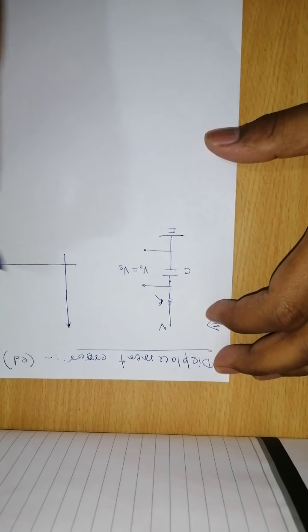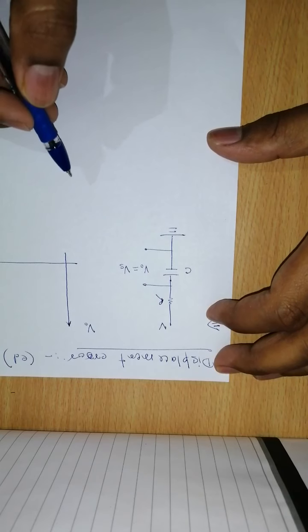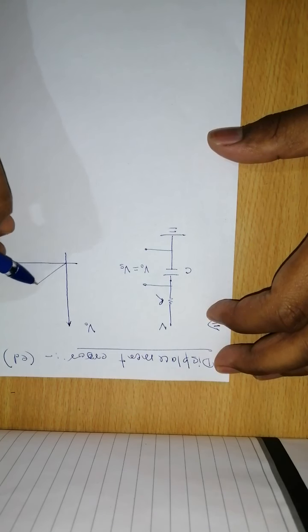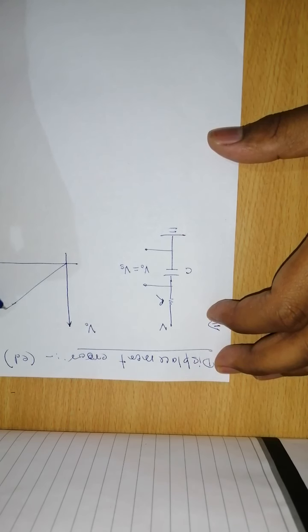So this is the time and this is the output voltage. When we are providing a linear signal, this linear signal is represented by Vs dash.